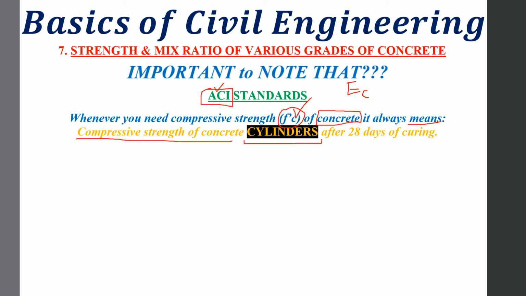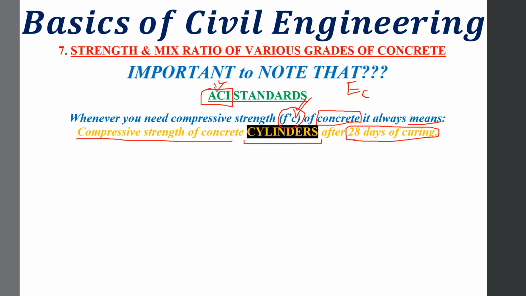This is important: whenever you are using the ACI standard and you need the FC prime, you have to test concrete cylinders, not concrete cubes, after 28 days of curing. So whenever anyone asks you what you mean by FC prime, the first question that comes to mind is whether he is asking according to ACI standards or British standards.